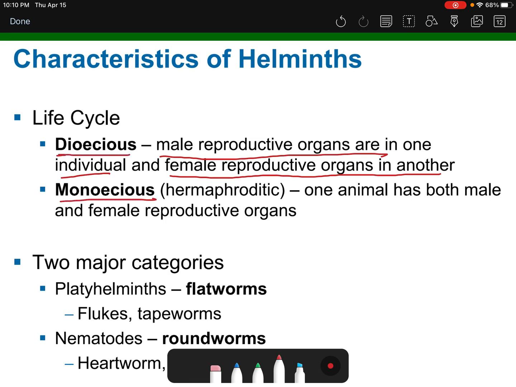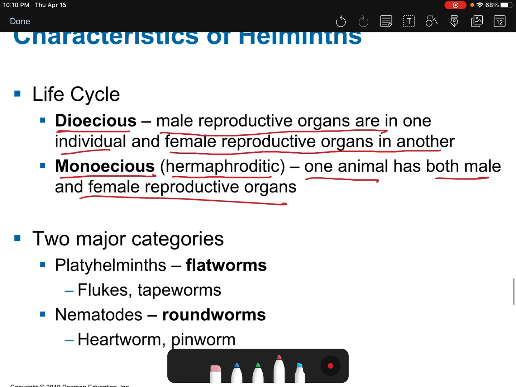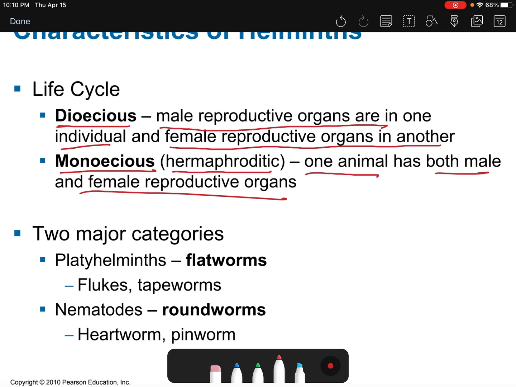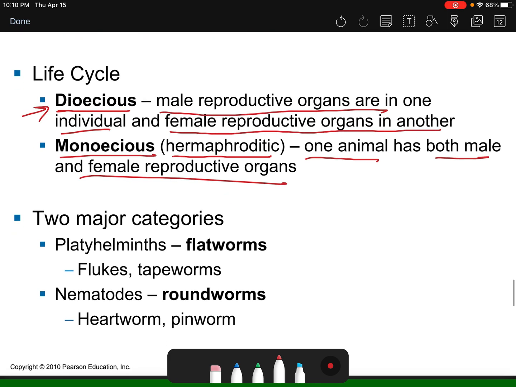If they're monoecious, I don't know how to pronounce that, or sometimes we call them hermaphrodites, then that one animal has both male and female reproductive organs within the same individual. When we looked at the roundworms, that slide had both male and female worms, so they belong to the dioecious category.